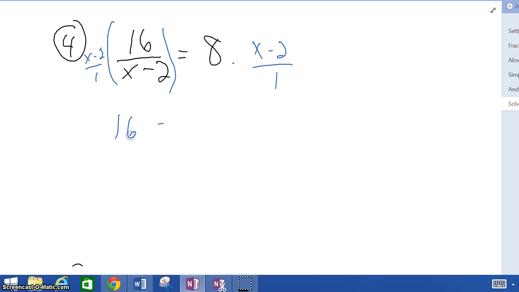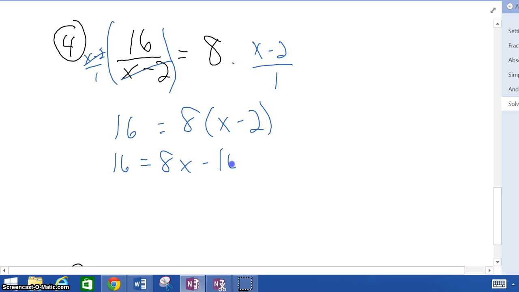On the left side it becomes 16. On the right side it becomes 8 times x minus 2, which is 8x minus 16. Add the 16 and you end up with 32 equals 8x, x equals 4.